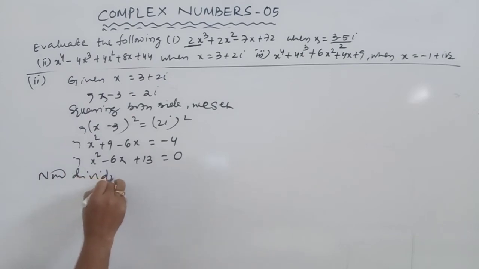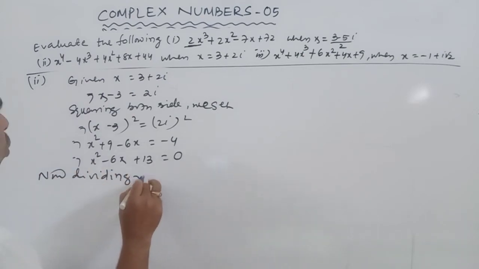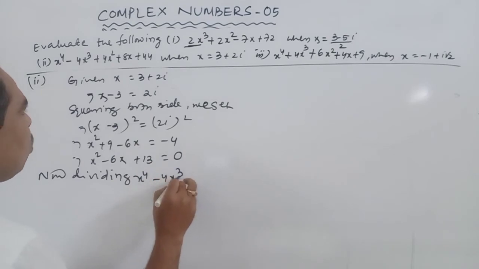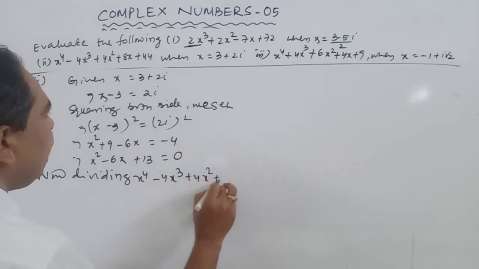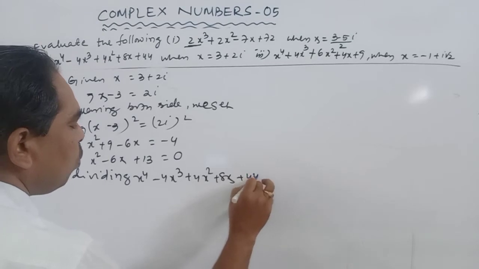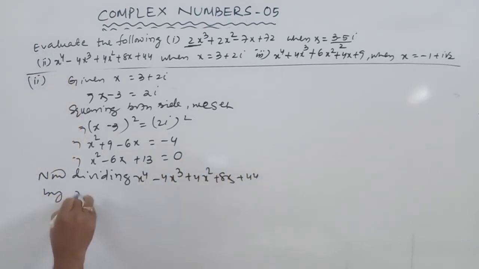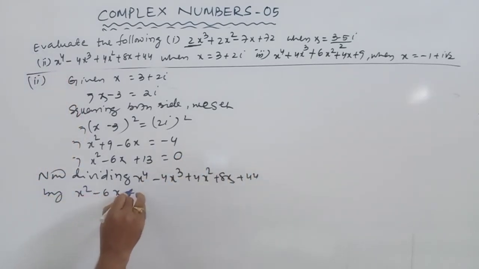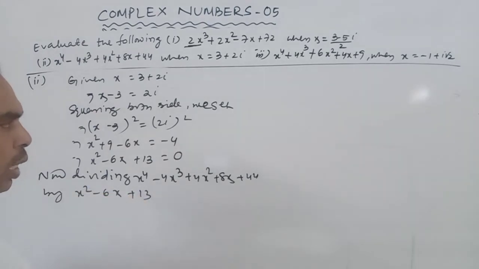Now dividing x fourth minus 4x cube plus 4x square plus 8x plus 44 by x square minus 6x plus 13. First, the highest power of x: divide x fourth by x square. So here x square is there. So x fourth minus 6x cube plus 13x square, minus plus minus cancel.